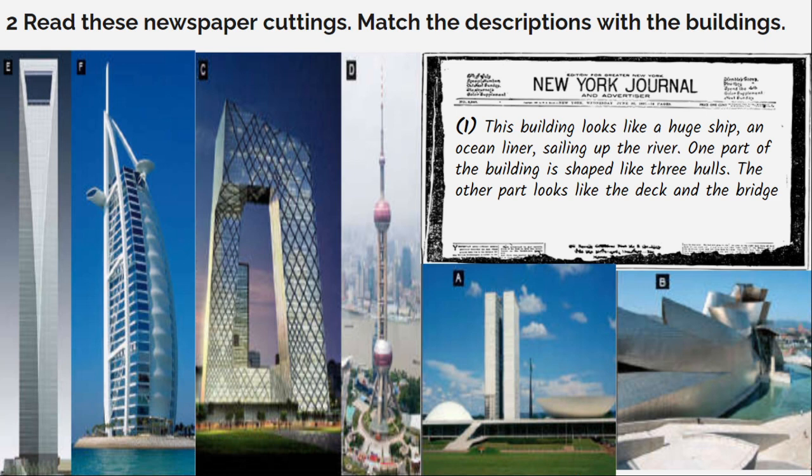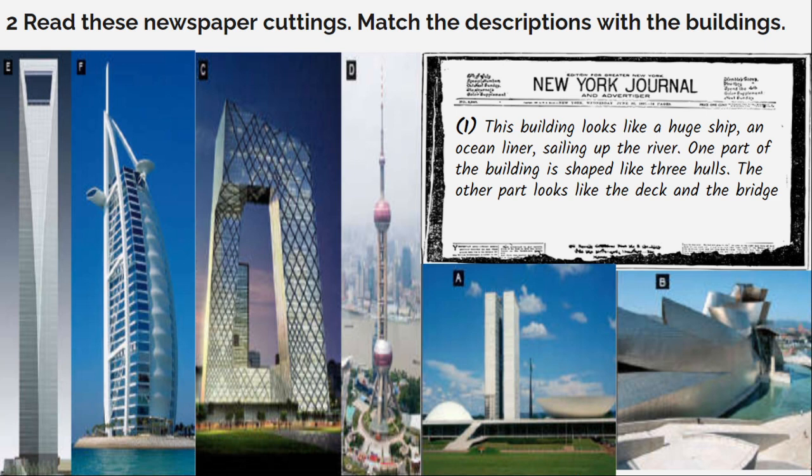So 1 hull, 2 hulls, and 3 hulls mounted upon each other, and the other part looks like the deck and the bridge. The deck is the flat surface in the ship, and we are going to see a description of the constituents of a ship.